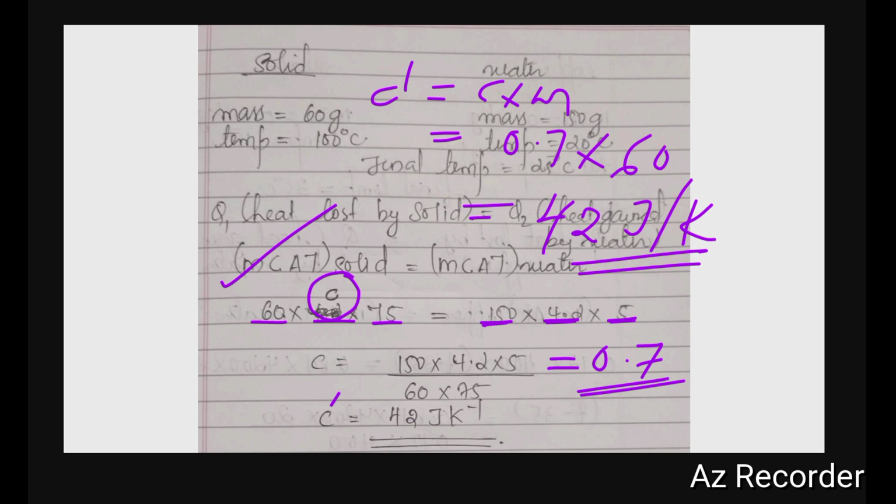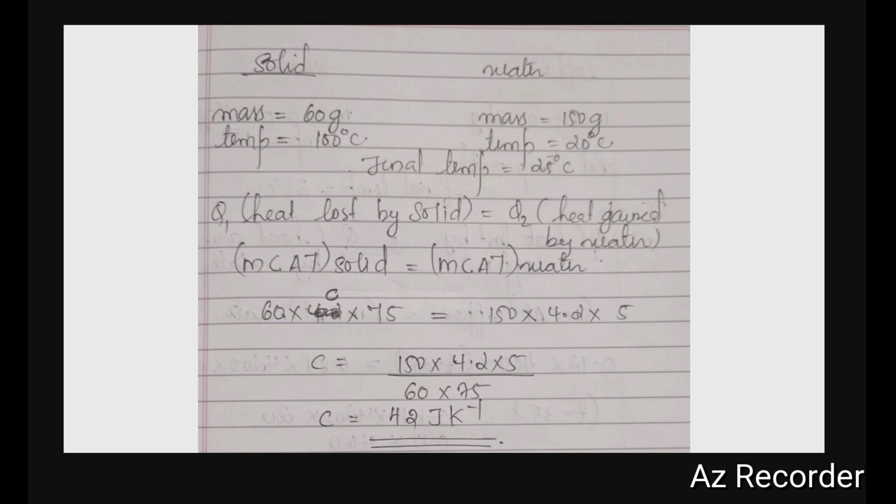You should not forget to calculate the heat capacity, because the question asks about the heat capacity. Never end your answer with calculating the specific heat capacity. The heat capacity C dash is equal to specific heat capacity multiplied by mass of the given substance. I hope this question is clear. Moving on to the next one.